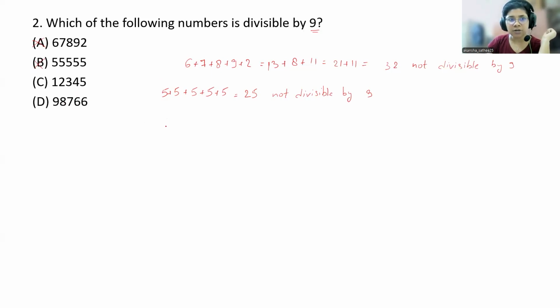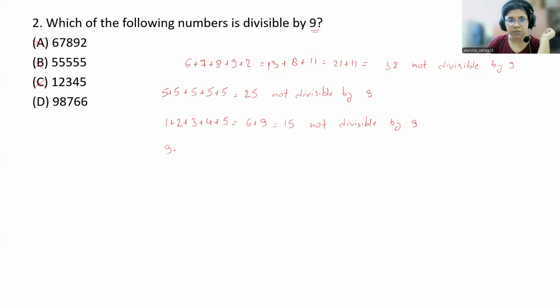Let's look at the next one. 1 plus 2 plus 3 plus 4 plus 5. 1 plus 2 is 3, 3 plus 3 is 6, plus 9. It is equal to 15. Again, not divisible by 9.